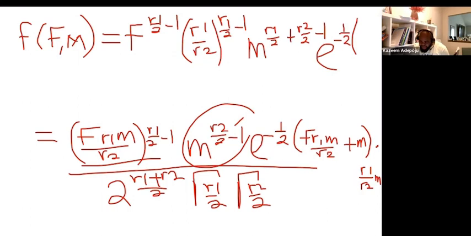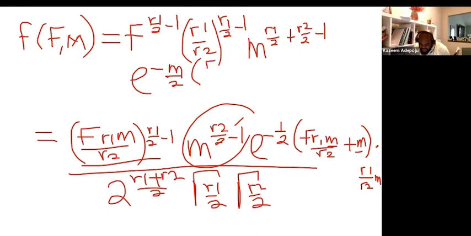Now, if I bring out M, let me continue it from here because of my space. If I bring out M, don't forget there's a 2. I'm basically going to have F of R1 over R2 plus 1. You see that?